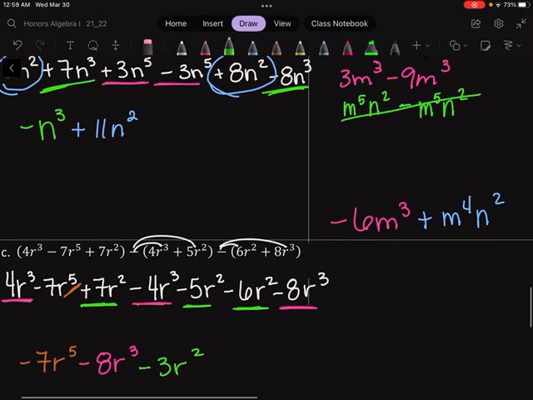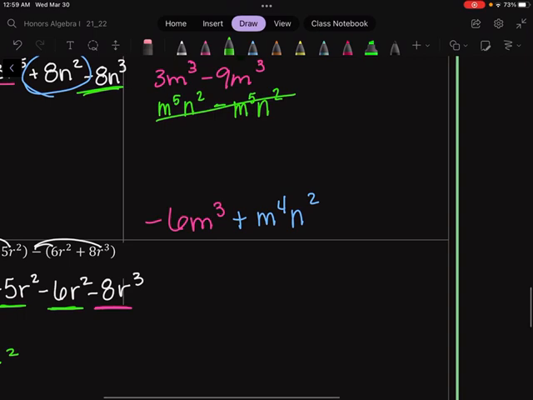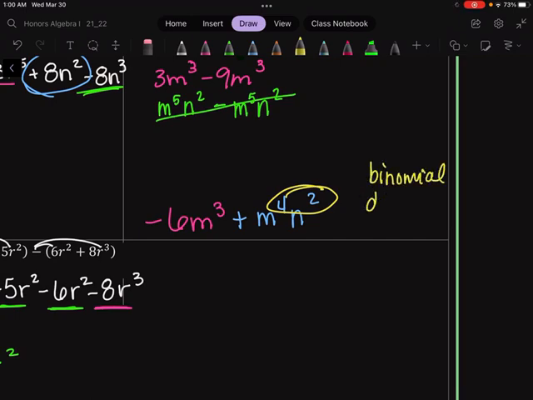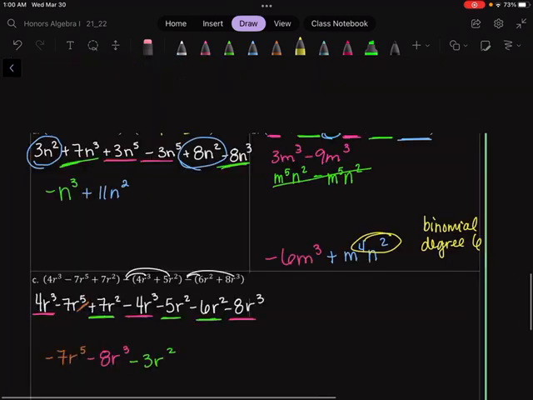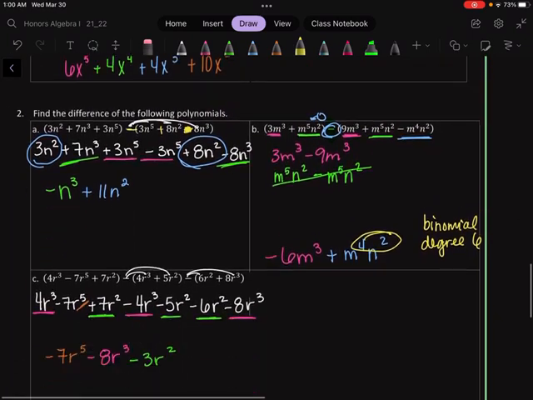This one over here, I'm not requiring you to know, but if we were to classify it, these two have to add together. So it actually would be a degree of 6, a binomial degree of 6. Okay? So just kind of getting you doing those as well. Being able to just classify.